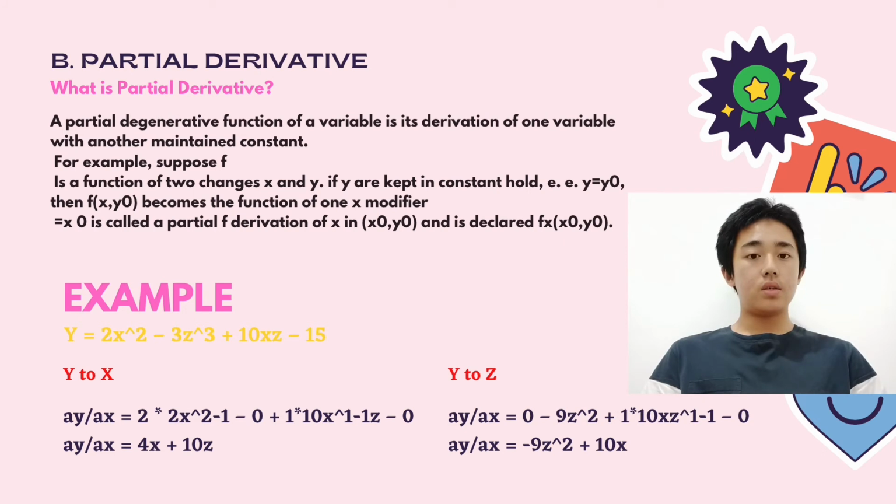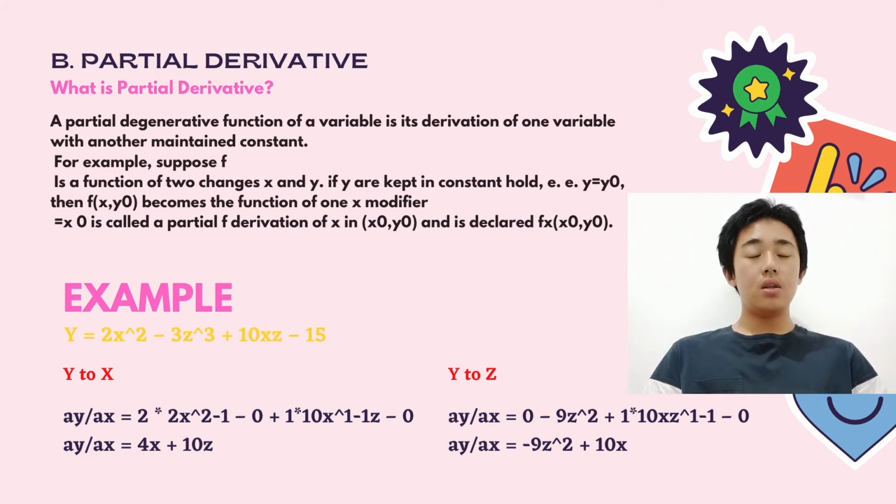As we know, there are two formulas, and in this formula we need to find both variables, but one by one. So let's just jump right into the example. y equals 2x squared minus 3z cubed plus 10xz minus 15.